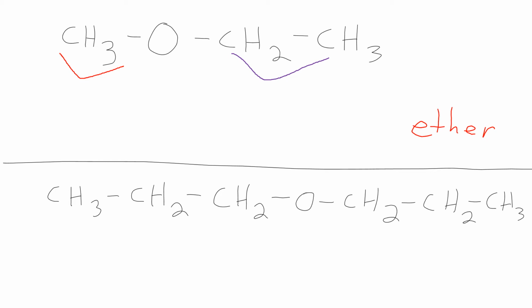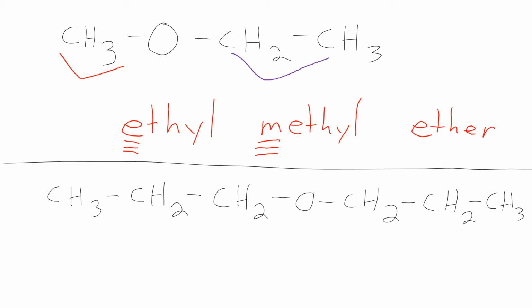Which way do I have to order those? I order those alphabetically. Ethyl first, then methyl. So this will become ethyl methyl ether. And we put the ethyl first because of alphabetical order, E before the M.